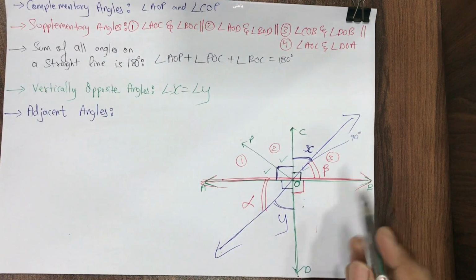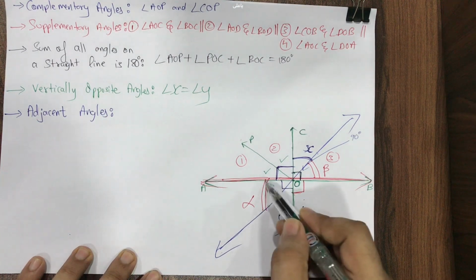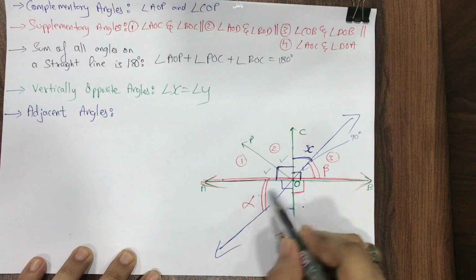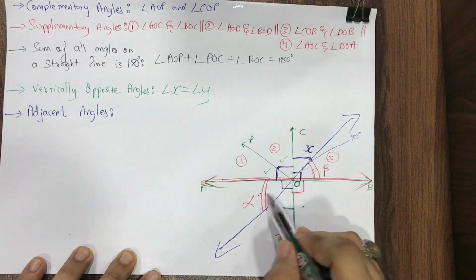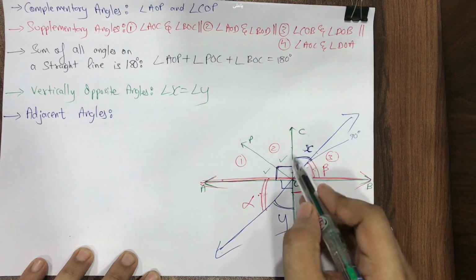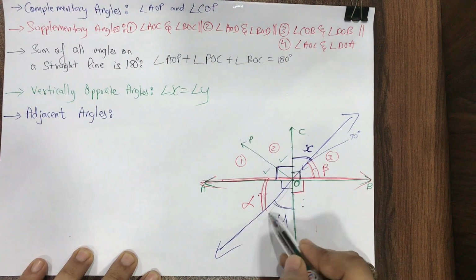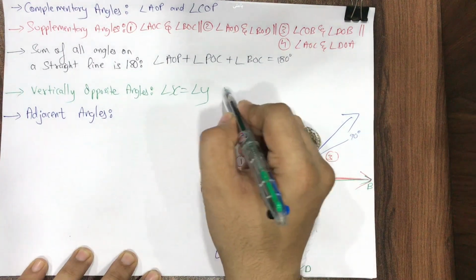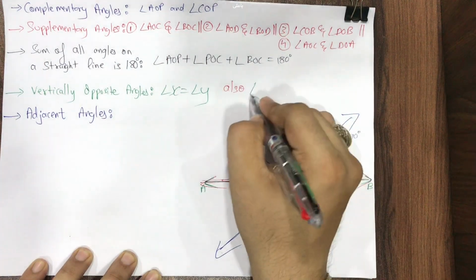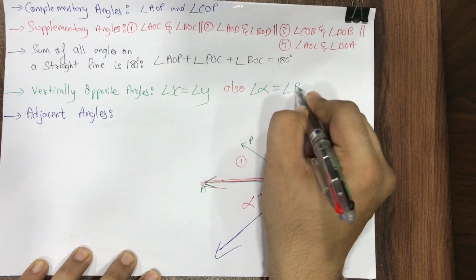If I call this any symbol as alpha, if I call this as beta, these two angles are also equal, vertically opposite to each other, and vertically opposite angles are always equal. See this, vertically opposite, blue line, red line, exactly equal. So I'll write over here also, angle alpha is equal to angle beta.